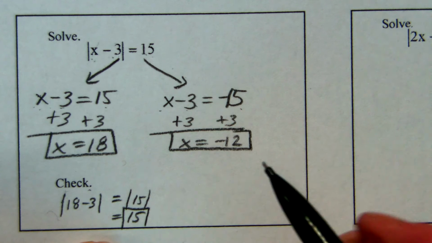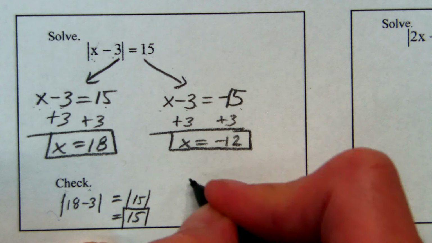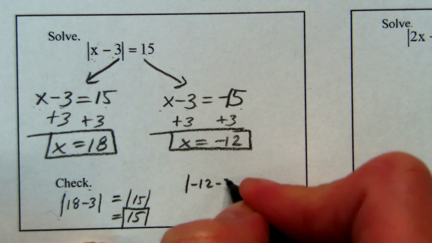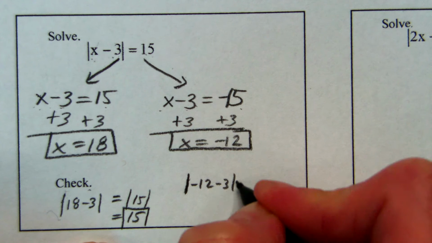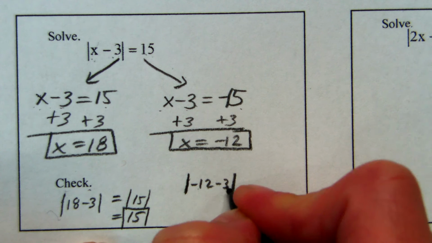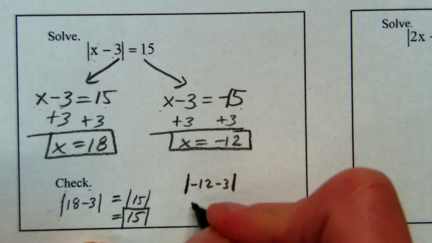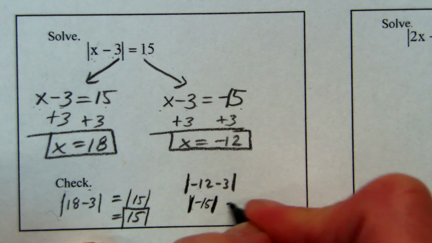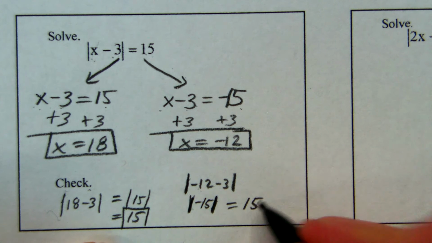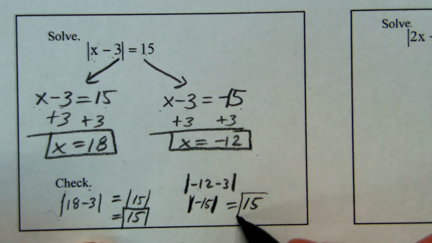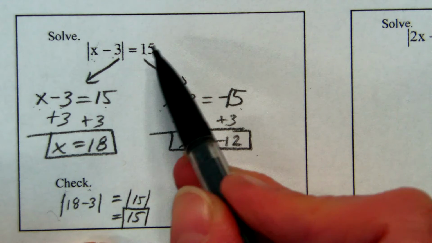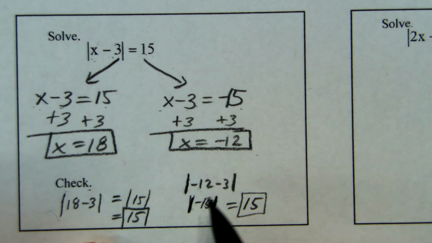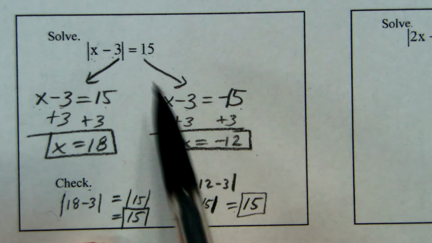If I put in -12, it's a little bit more confusing, because I'd have the absolute value of -12 minus 3. But -12 minus 3 is just -15. And then when I take the absolute value, I just get 15. So you can check to make sure that both of your answers work just by putting it back in and then doing the absolute value, which makes it positive.